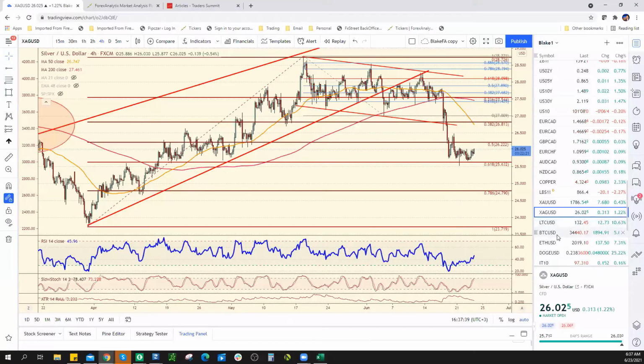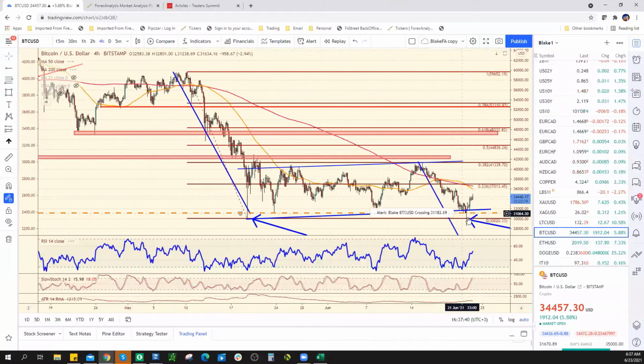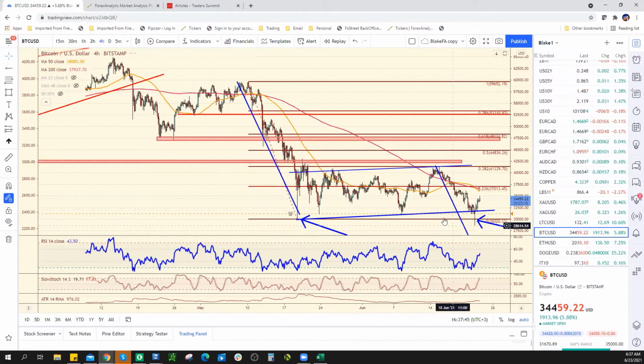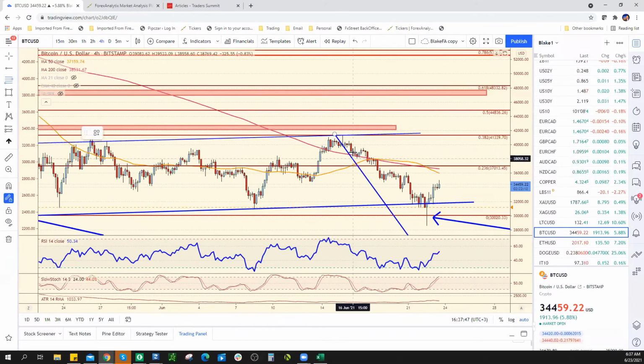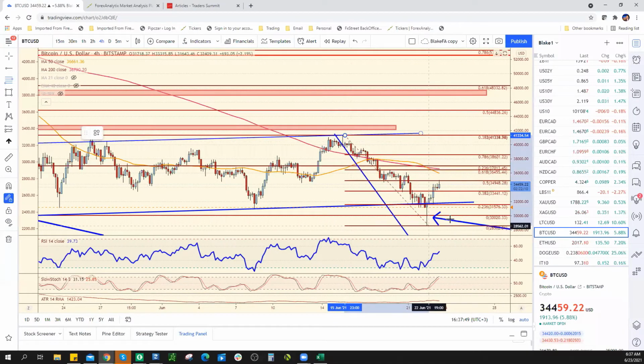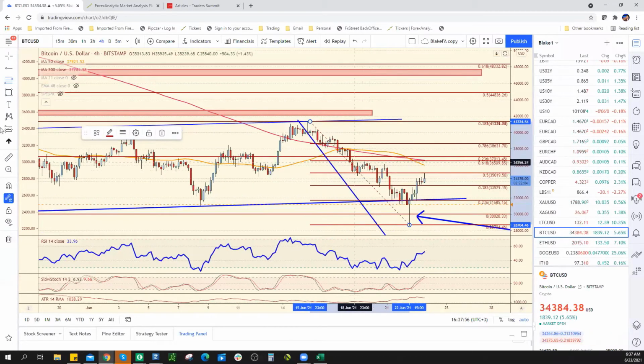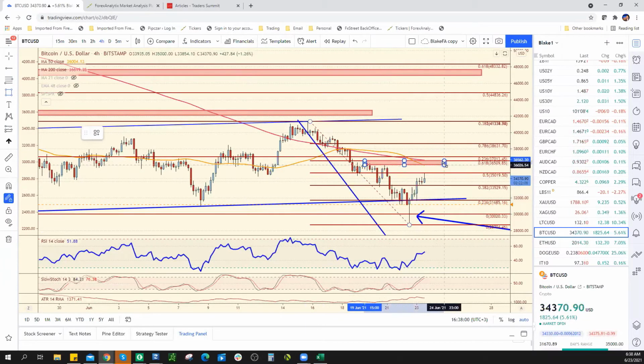So Bitcoin, 30,000 obviously is really key. Where can we bounce to, I guess? The 618 actually matches up with this high right here, so I think this is going to be pretty good intraday resistance. That's going to come in at 36.5.